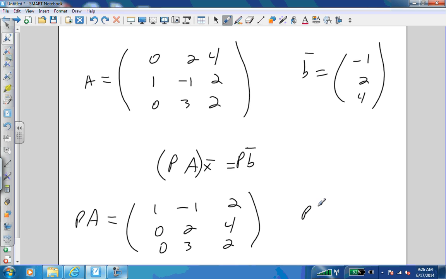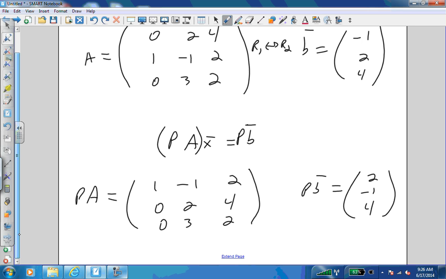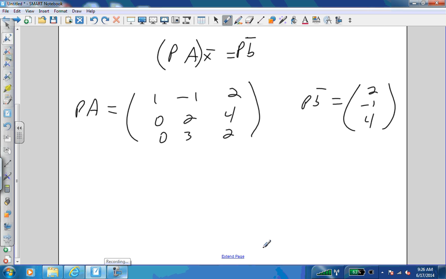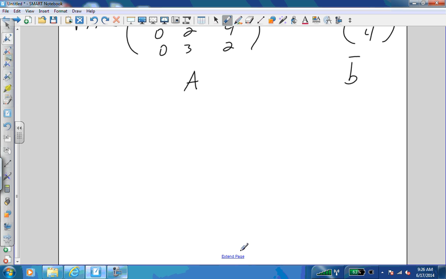So our PB, we swap the first two rows on the left, so we have to swap the first two rows on the right. Now, essentially at this point, you can just think about this as a new system. You can think about this as A, this as B. So let's solve the system that involves this coefficient matrix and that vector.